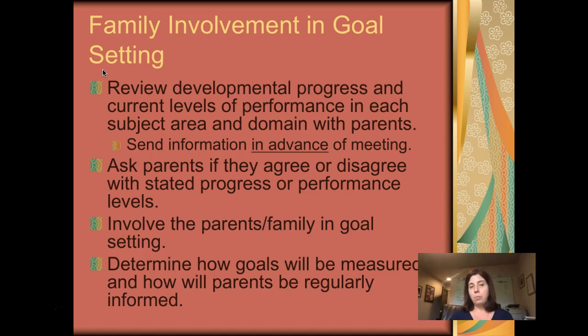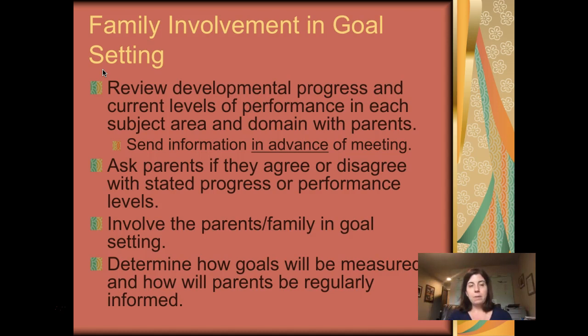It's also important to ask the parents, do you agree or disagree with the stated progress or performance levels? Sometimes they might see something different at home, and the team might come up with a goal and they think, oh boy, that's just not something I think is relevant because I'm seeing that at home. Or maybe that goal needs to be adjusted because of what the family is seeing at home versus at school.